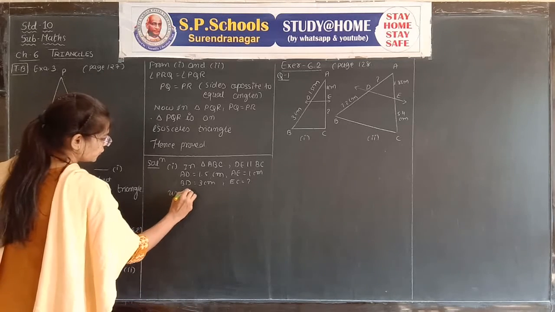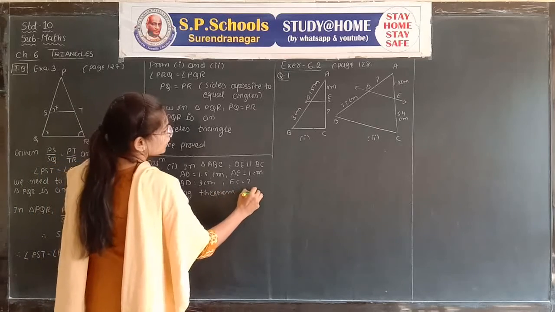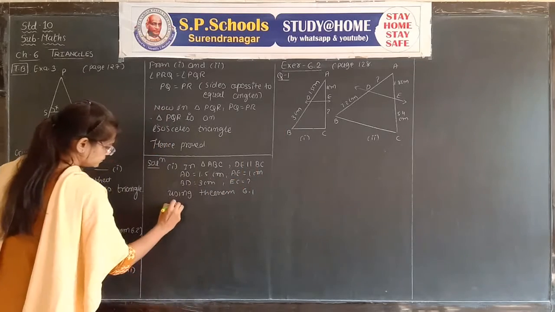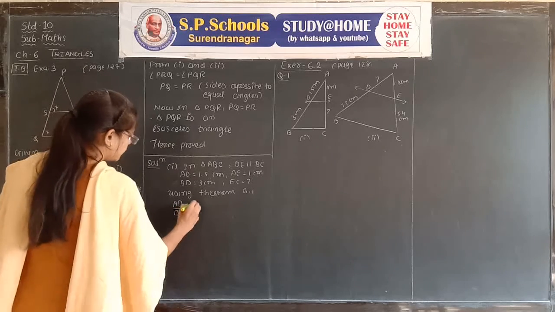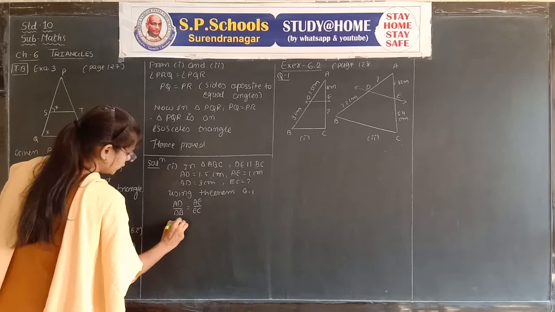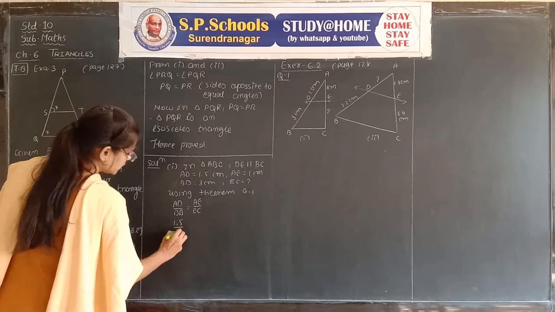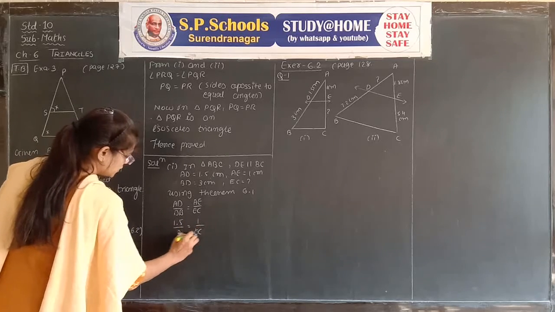Using theorem 6.1, AD upon DB is equal to AE upon EC, where AD is 1.5, DB means BD is 3, AE is 1 and EC as it is.